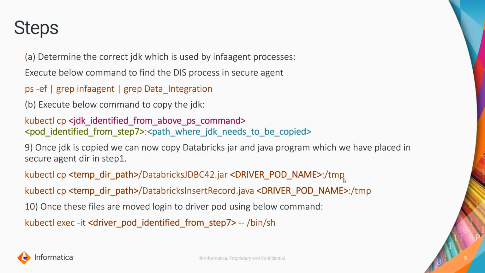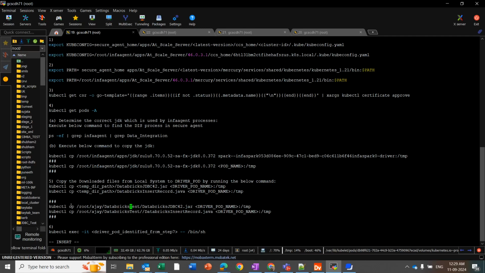For this, the command will be the same: kubectl cp, temp directory path, file name, driver pod name, and /temp directory. This is my kubectl command where I have updated my temp directory and the file name.